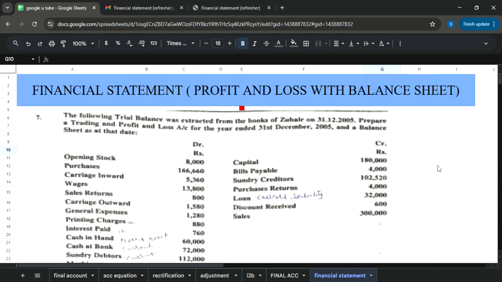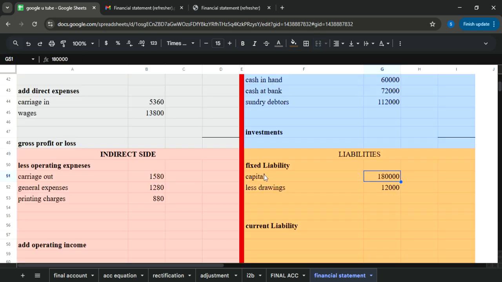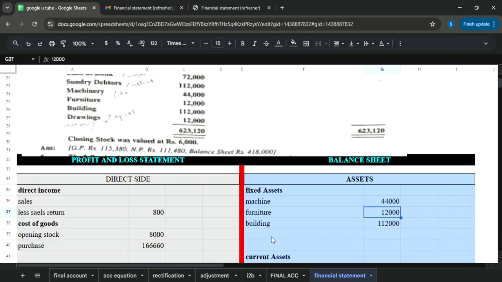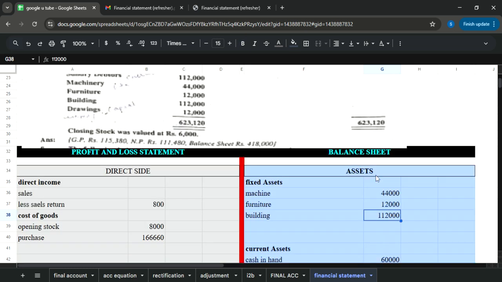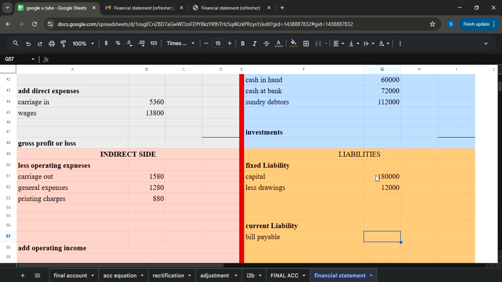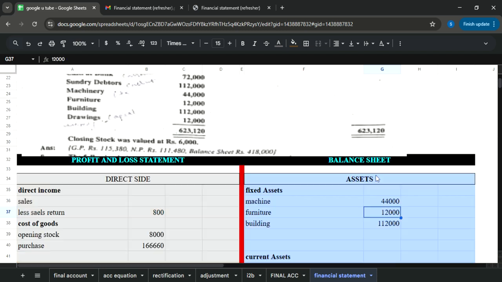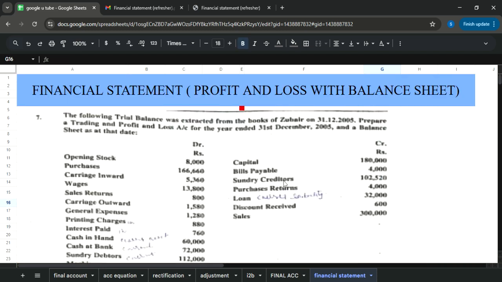After capital, we have bill payable, which is part of current liability. Here you will mention bill payable. Let's see how much amount is 4,000. So just put 4,000 in front of bill payable. Then we have sundry creditors.